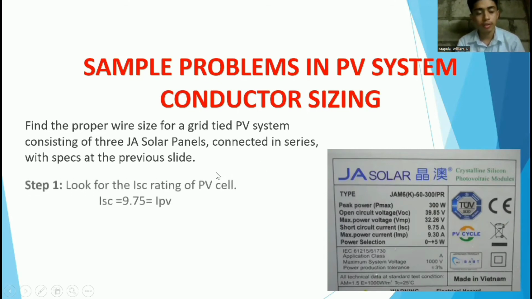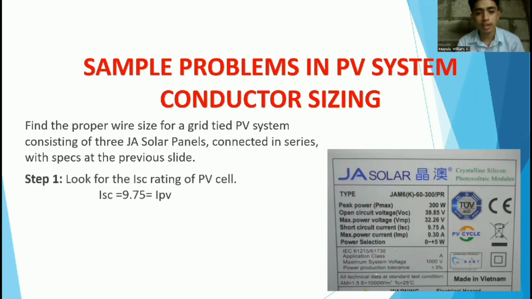Then, step 1, look for ISC rating of PV cells. Yung ISC, ito yung short circuit current. Since series yung ginamit natin, hindi magbabago yung current niya. 9.75 pa rin based on its spec. Ito siya, short circuit current ISC, 9.75 amperes or equals siya sa IPV.